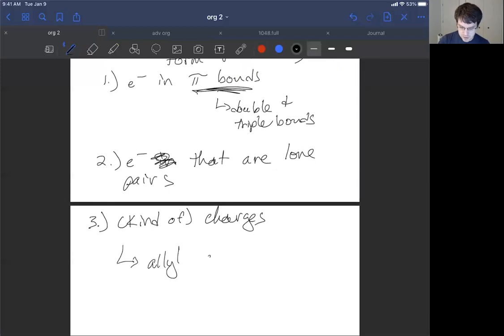Let's look at an example of this. We've talked a lot about the allyl cation. What I can do with the allyl cation is, first of all, draw it. So that's the carbon next to an alkene. It's got a positive charge. That's an allyl cation. I'm going to take these pi electrons and flip them over so that they're between the middle carbon and the carbon to the right.